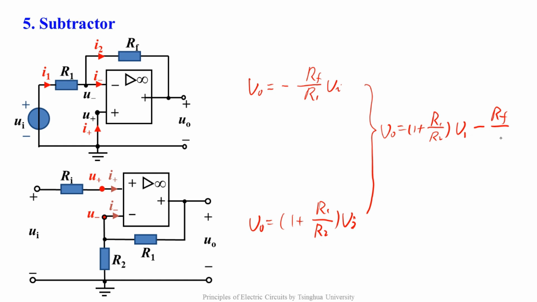In which U1 represents the voltage source connecting to the non-inverting input, and U2 represents the voltage source connecting to the inverting input. It's a subtractor with different coefficients of U1 and U2.